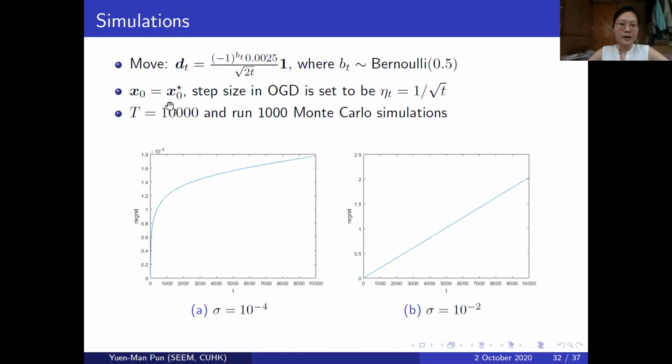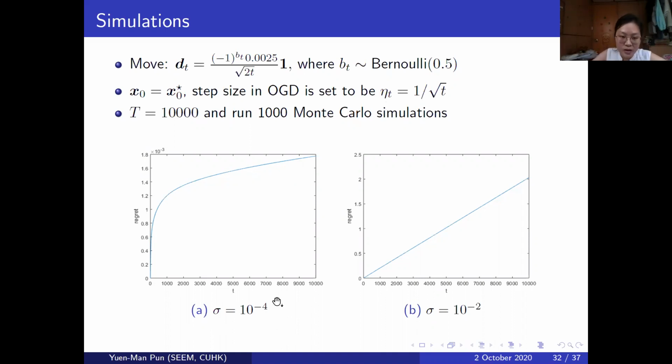Again, we know the initial location, so we can set this as our initialization, and our step size would be 1 over square root t. We use a rather large time horizon here, big T equals 10,000, so that we can see the behavior of the regret rate. And we run 1,000 Monte Carlo simulations.